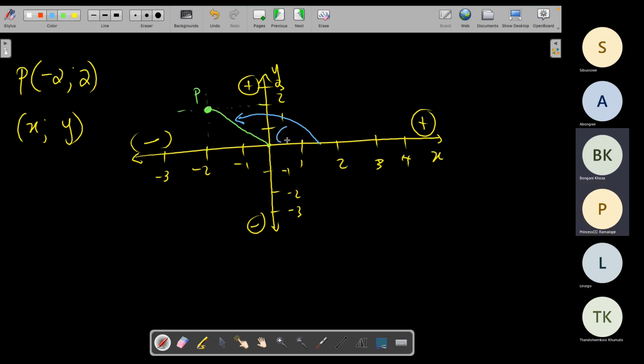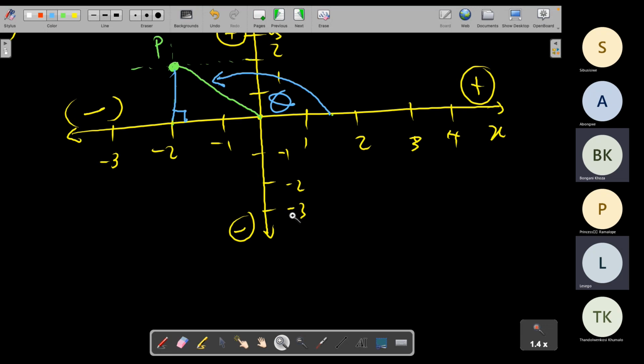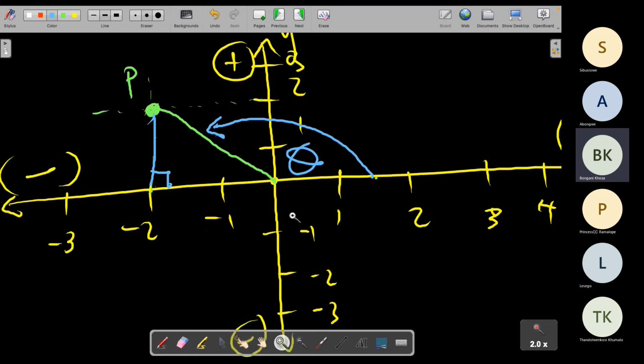If this angle is theta, this will be our theta like that. And then the right angle part, let me try and zoom in. So this is sort of our diagram. Your angle, we always measure from the positive x-axis towards whatever line we have.